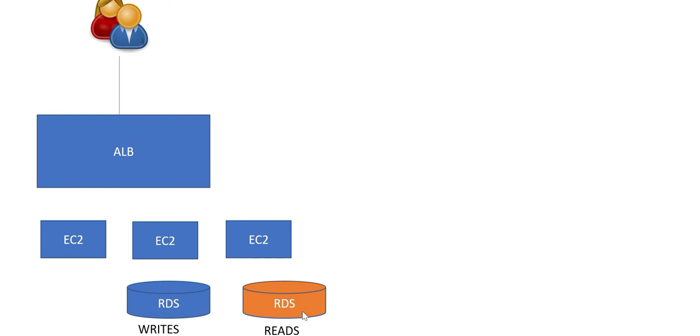Okay, this way all the read requests that come from this place to EC2 will be routed here. All the write requests, that means if this user is updating a request, for example this is amazon.com and the user buys a product, he places an order. The order placement will go via ALB, via EC2 to this RDS. It will create an order, it will write an order.